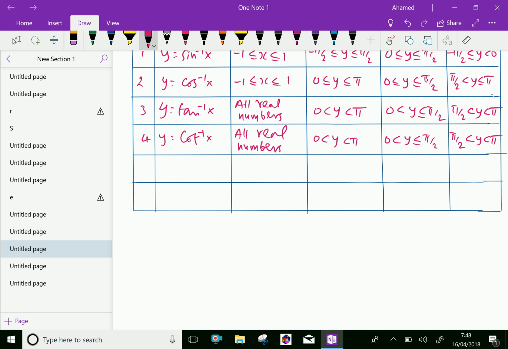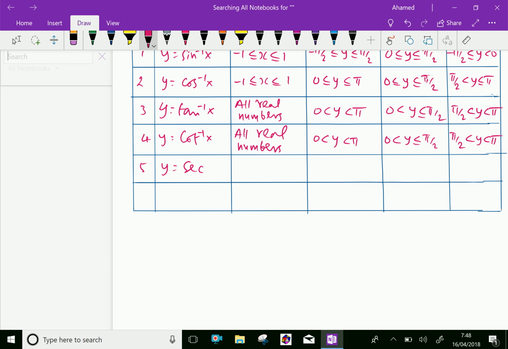Then fifth one, y equal secant inverse x, x is greater than 1 or x is lesser or equal minus 1.